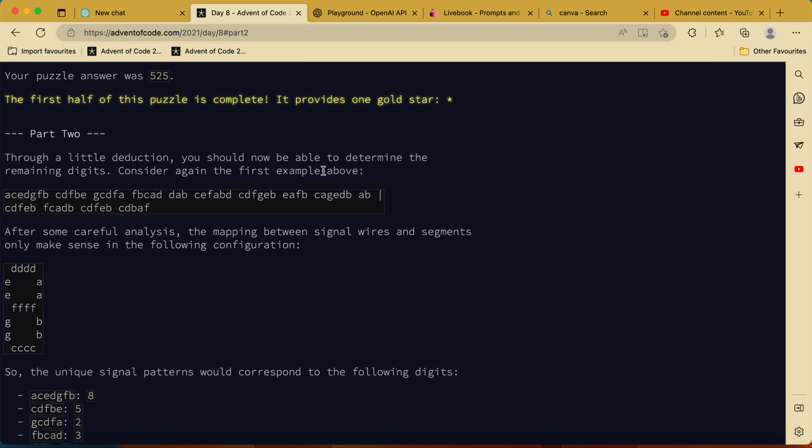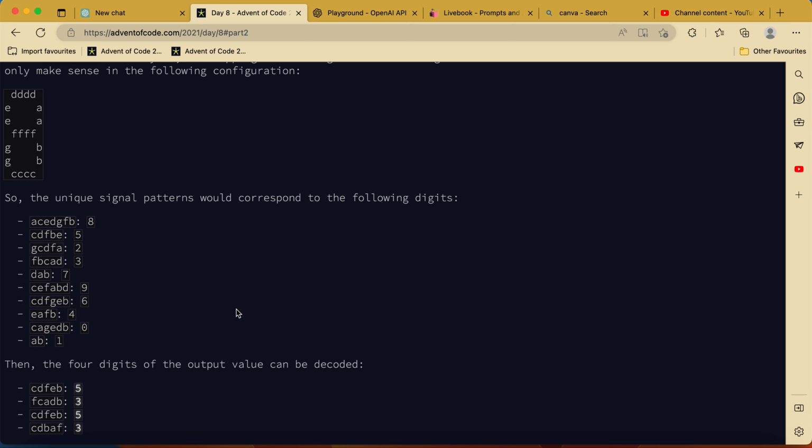And after some careful analysis, the mapping between signal wires and segments only makes sense in one configuration. So the unique signal patterns would correspond to the following digits. We have 8, 5, 2, 1, 0, 4, and as we can see, this one and this one have specific lengths, which allows us to eliminate them in the way that we did.